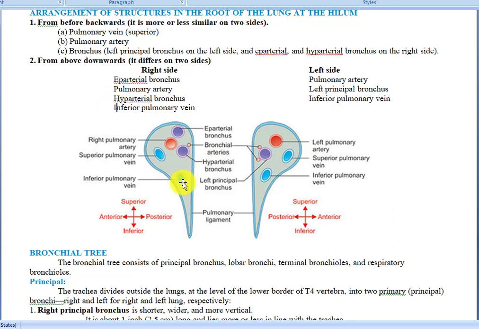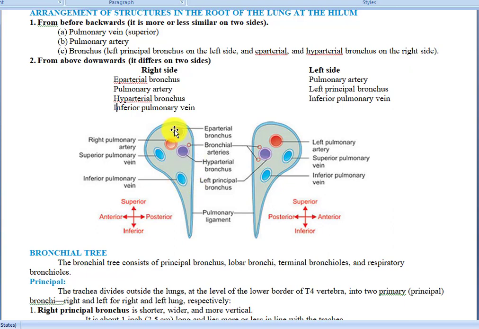So why do we only say inferior pulmonary vein? Because the hyparterial bronchus and the superior pulmonary vein are lying a little bit in the same line, right? So the hyparterial bronchus and the superior pulmonary vein are in the same line on the right side, and inferior to all of them there is the inferior pulmonary vein.